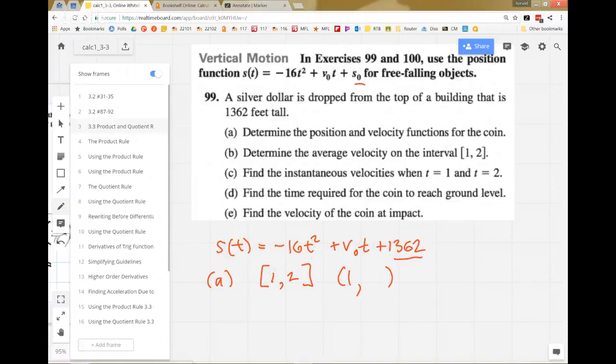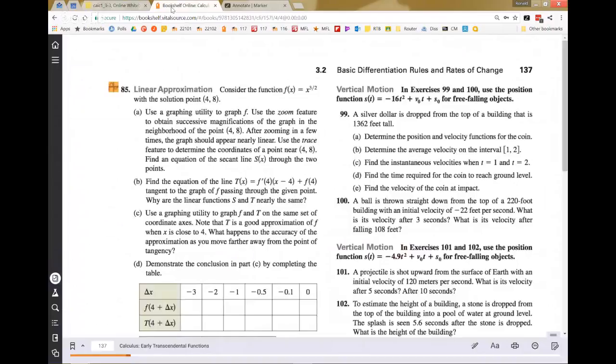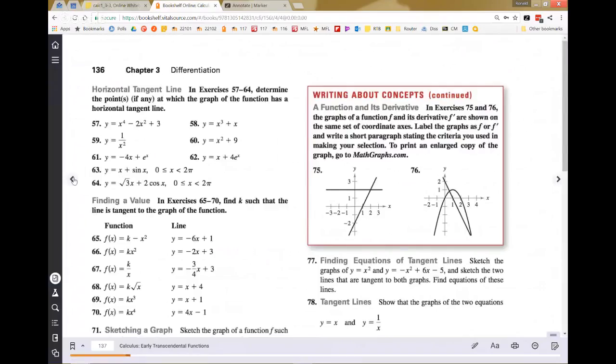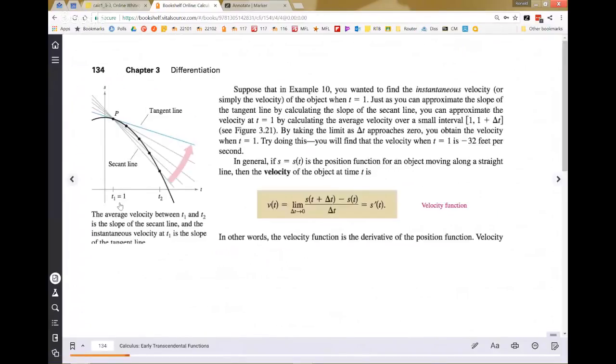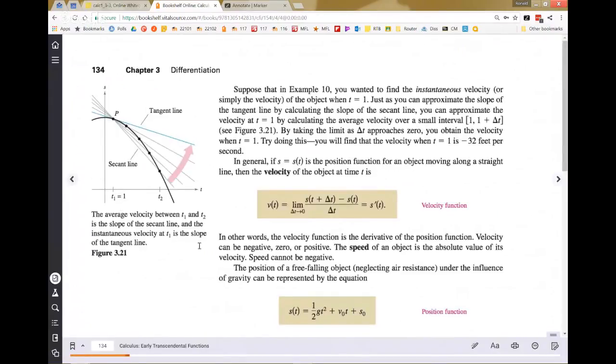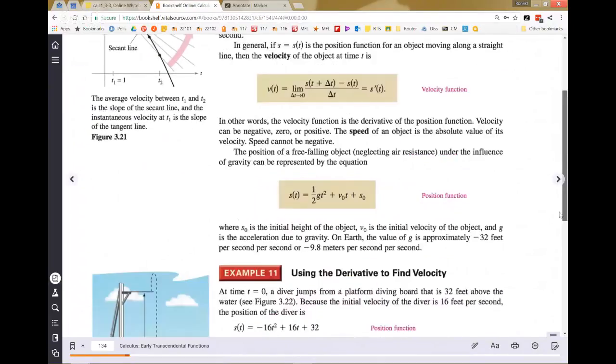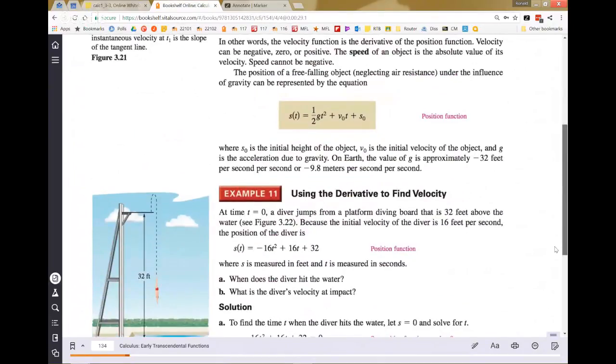They didn't give us the initial velocity. I'm just trying to see in the book if they gave you any information on that. So let me go back, see if they have an example here. Yeah, the initial velocity is 16 feet per second.